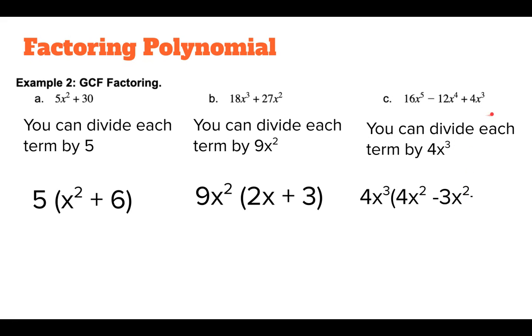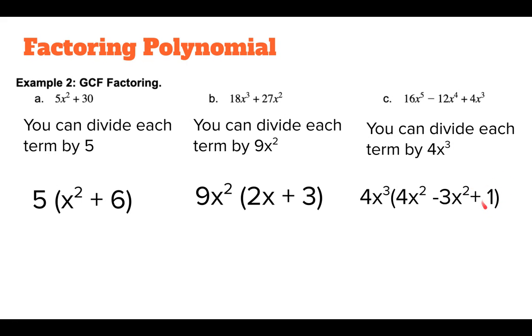But what happens when I take out a whole term? Because I took out that whole term here, I have to put a plus, and then what would that be if I divided 4 by 4? It is 1. Other than this being wrong, that should be a 1 here.